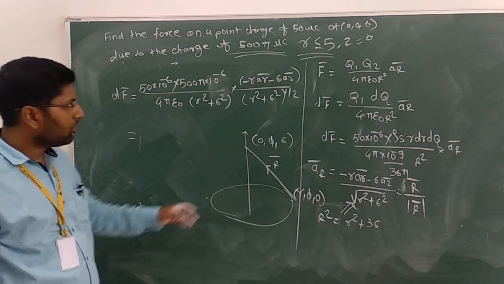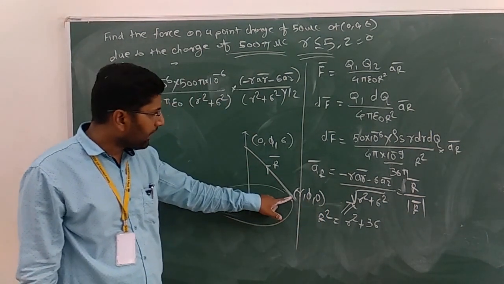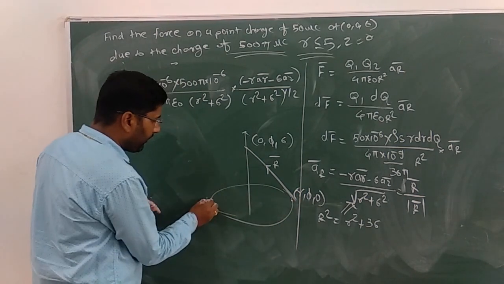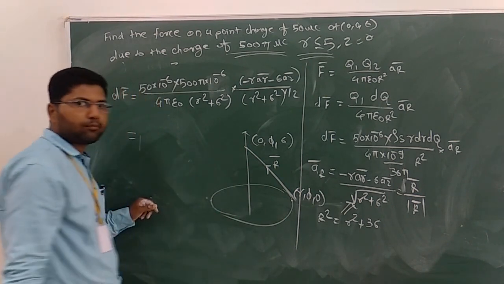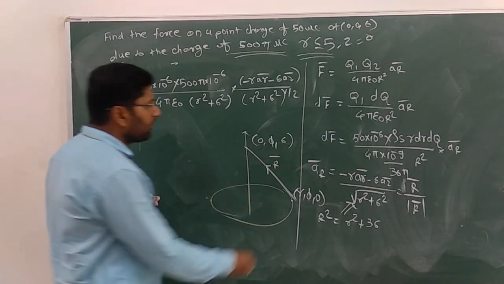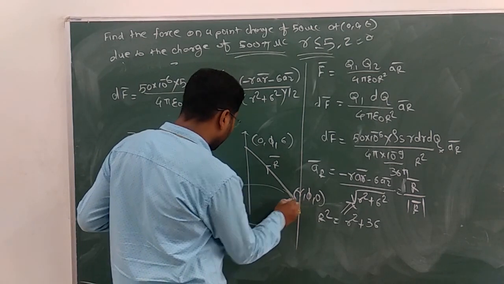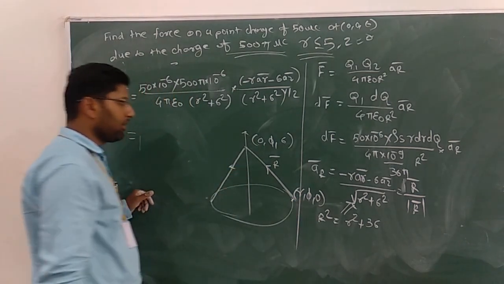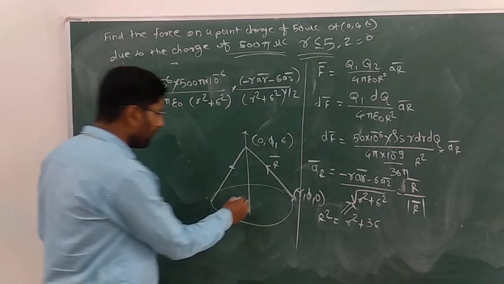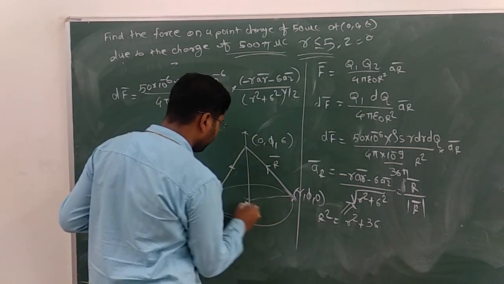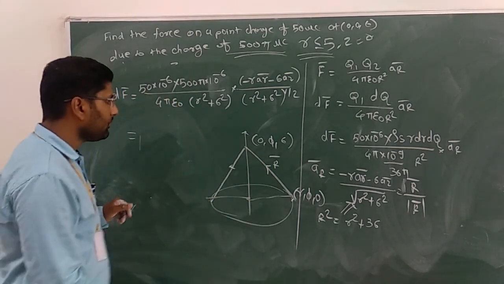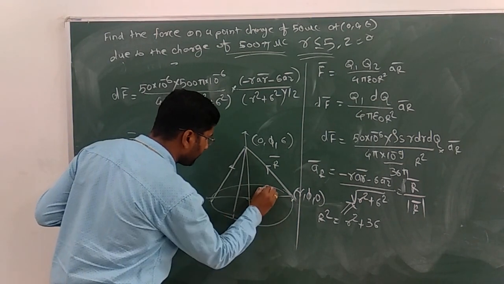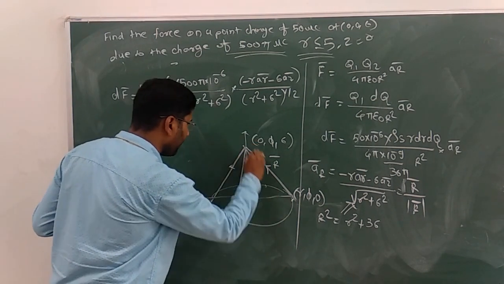Now, do remember this point: when you are calculating from this point, exactly opposite there will be another point available here. Okay, getting it? When you are calculating from this point, there will be an exactly opposite point available here.